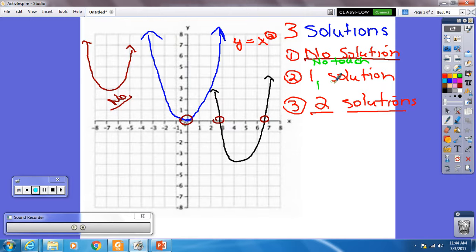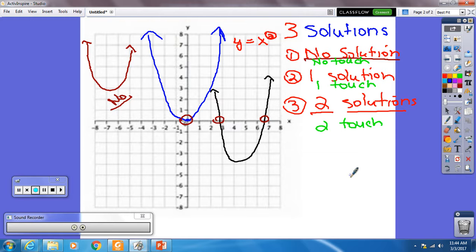She touched once. 1 touch on the graph, right? Then we have this one right here. So this is 2 touch. And this is not proper English, okay? 2 touch on the graph. Now, no solution. 1 solution. 2 solutions.